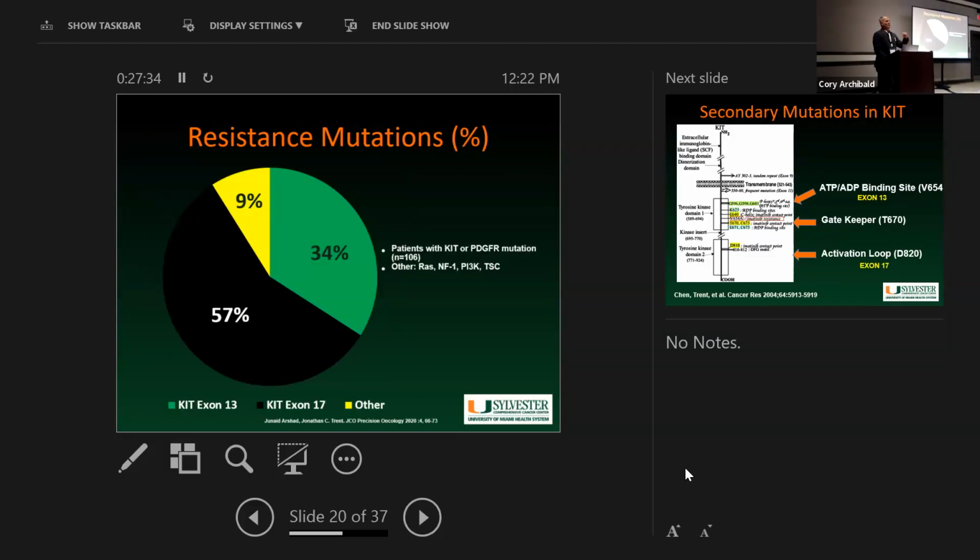So patients do become resistant to the primary therapy. We've been talking about first-line therapies here with imatinib, with avapritinib. Patients do become resistant. And so by doing ctDNA testing, we can oftentimes identify the mutation that's driving the resistance, not always. It has advantages of looking at a metastatic landscape.